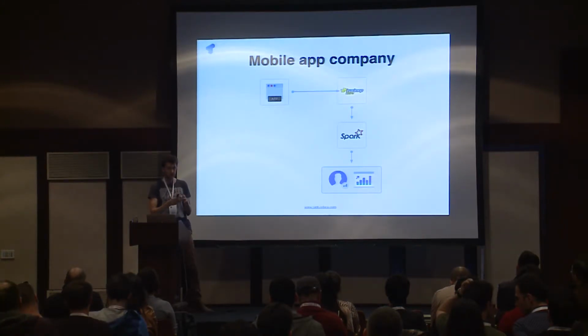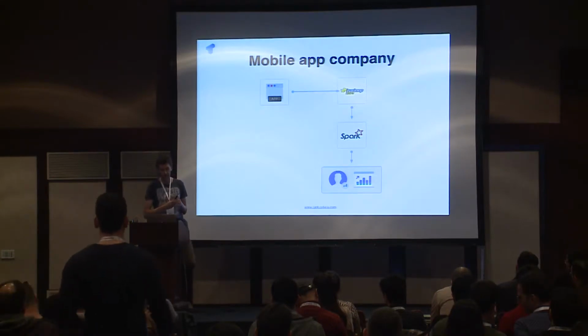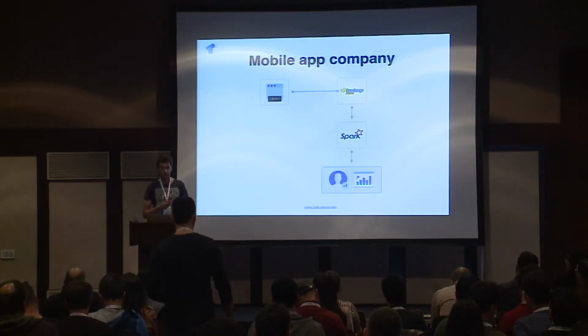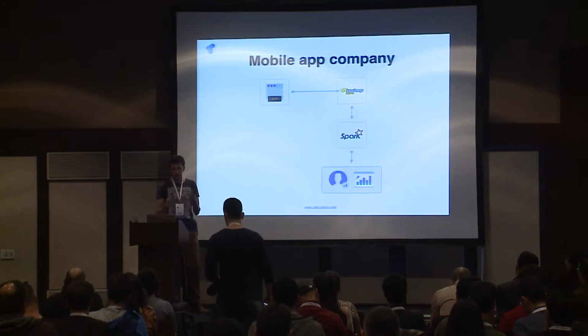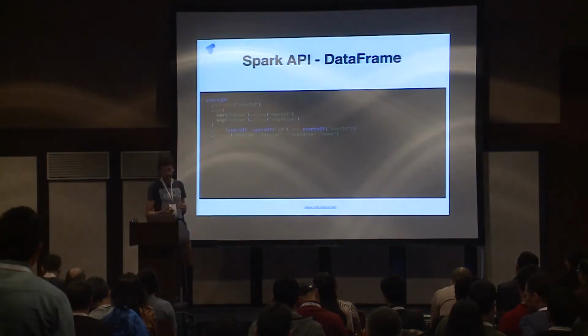So they express the business logic now in Spark API, and Spark takes care of reading the data from Hadoop and parallelizing the execution. So now they can execute the queries again. So you are enabled to go further with the growth.